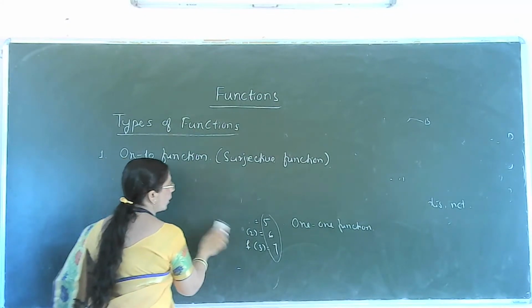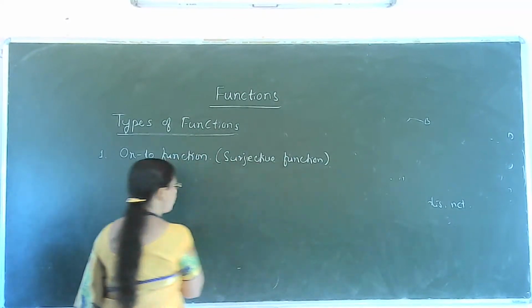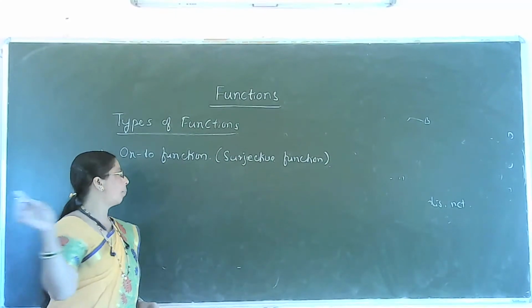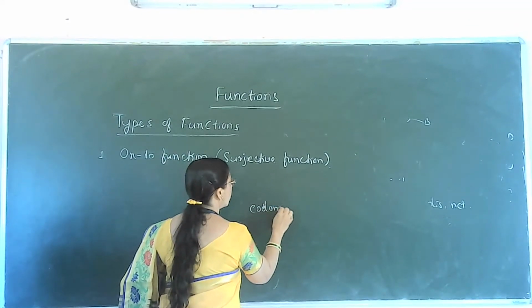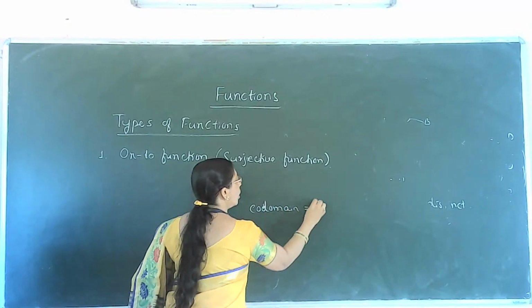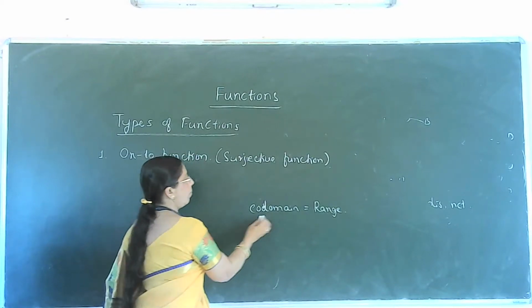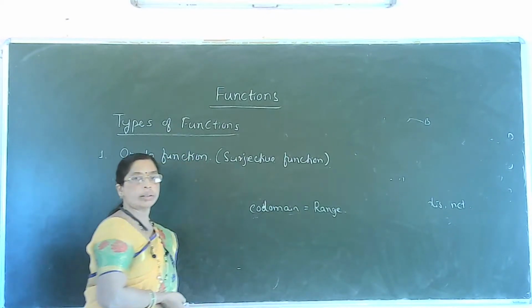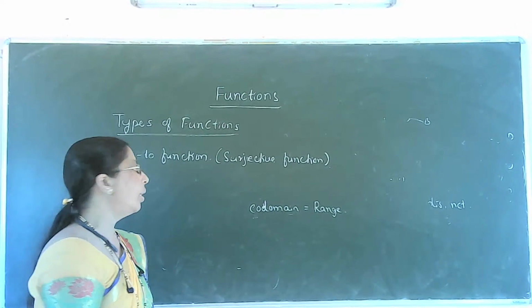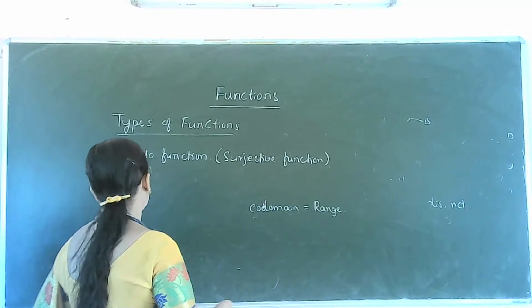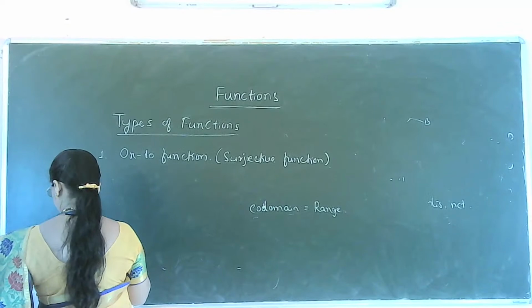Therefore, in an onto function, the range of the function is equal to the codomain. It means all elements of the codomain are images. Then only you call it an onto function.